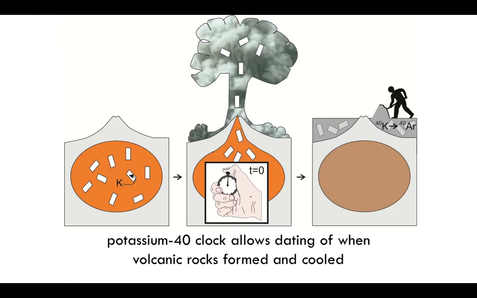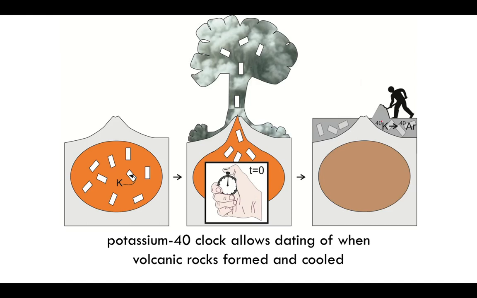But when that rock is ejected out of a volcano, for example, as ash or lava or some other form of volcanic rock, the amount of potassium-40 stops increasing and it begins to decay. The analogy here is you start the stopwatch at that point when the rock cools and forms what we would think of as a rock, hardens and cools, it begins to count.